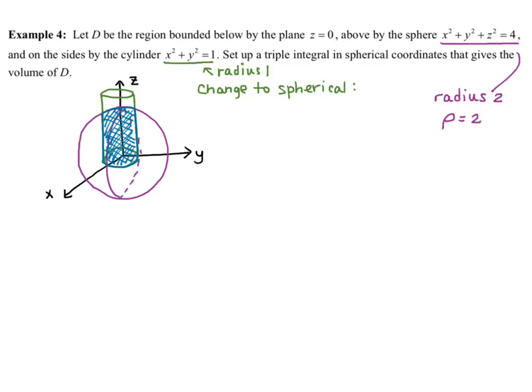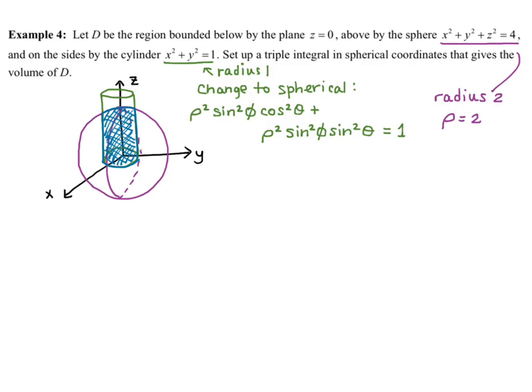Now the next thing I want to do is change my cylinder equation to spherical coordinates. So what I'm going to do is substitute my conversion equations in there. And so what I have is rho squared sine squared phi cosine squared theta plus rho squared sine squared phi sine squared theta equals 1. So I just substituted in my x and y conversion equations.